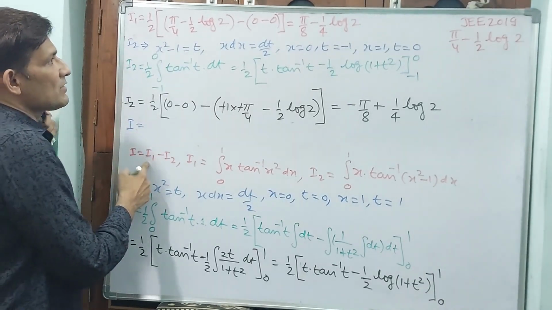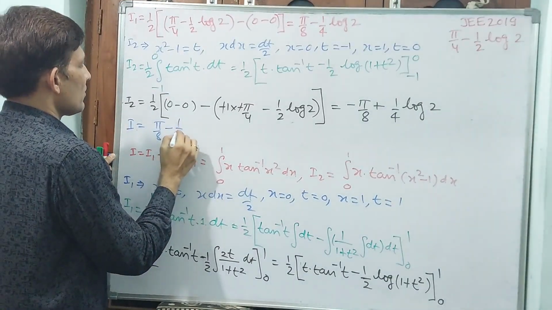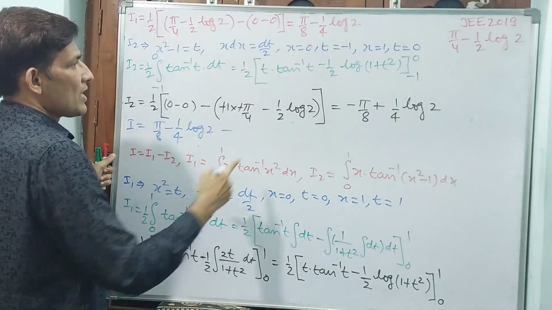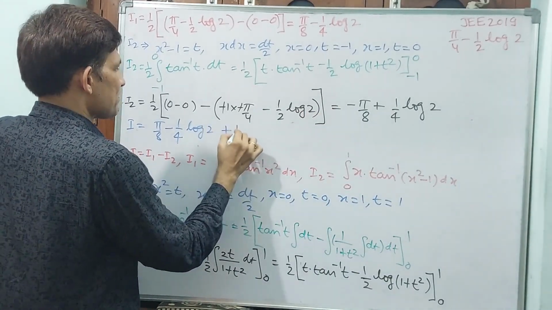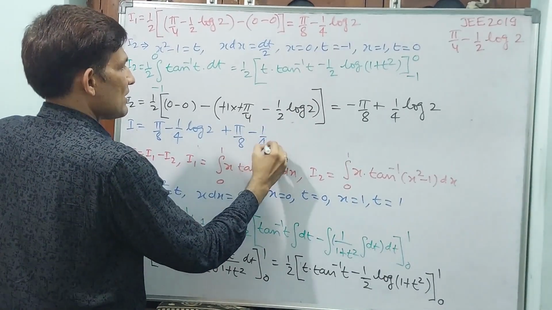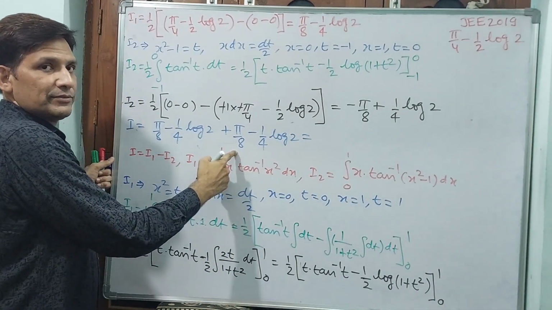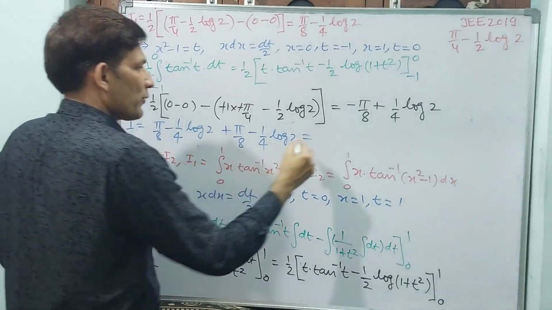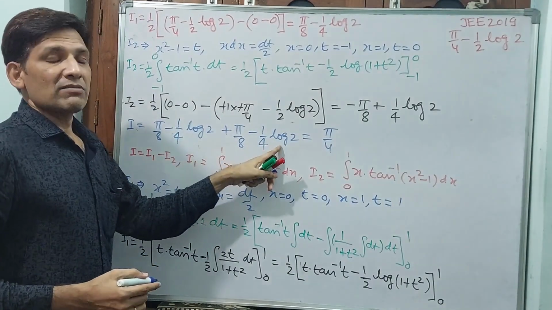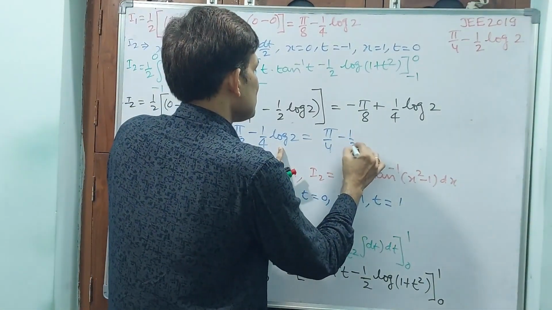I1 is 5 by 8 minus 1 by 4 log 2, minus I2, which is minus of minus pi by 8 plus 1 by 4 log 2. That is equal to, see, pi by 8 plus pi by 8, 2 pi by 8, pi by 4. Minus 1 by 4 log 2 minus 1 by 4 log 2, minus 2 by 4 log 2, that means minus 1 by 2 log 2.